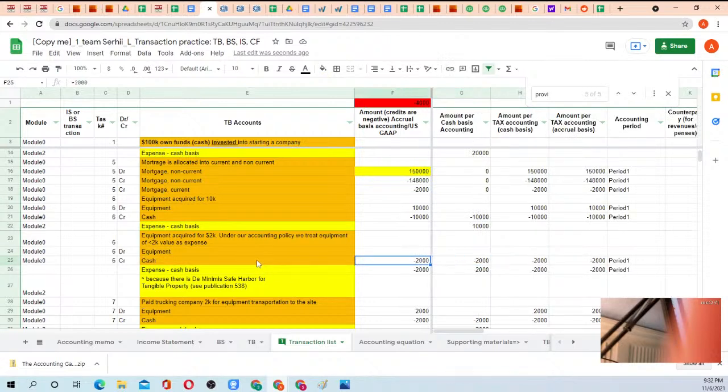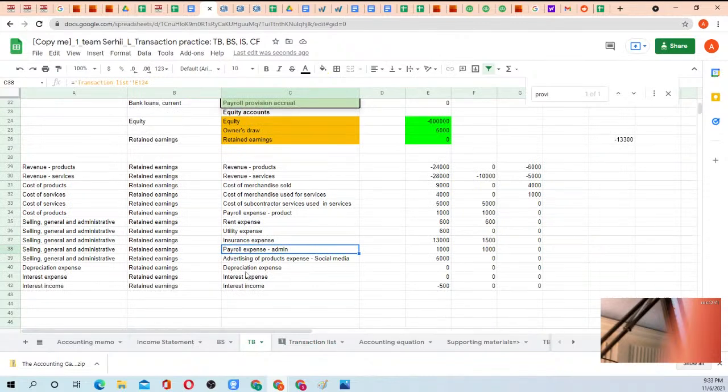I think equipment acquired for 2,000, under our accounting policy, we treat equipment as expense. So that should be just, let's see, what expense items do I have.